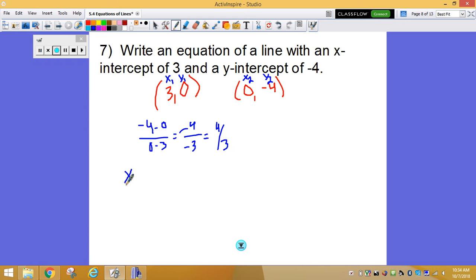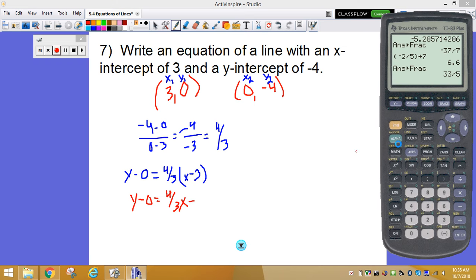All right, point slope should be y minus 0 equals 4/3, and then in parentheses, x minus 3. That's your point slope. That's a minus, not a times. Your slope intercept, we're going to distribute. y minus 0 equals 4/3 x minus, 4/3 times negative 3 is negative 4.